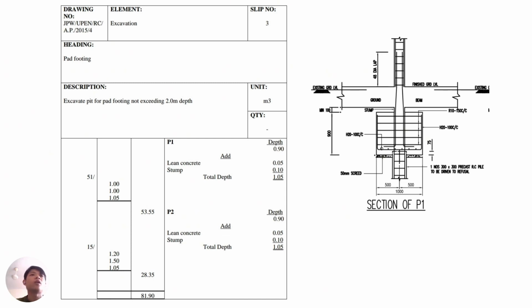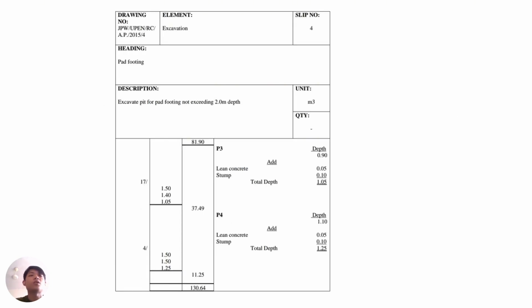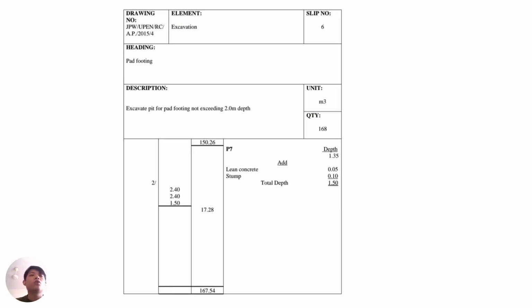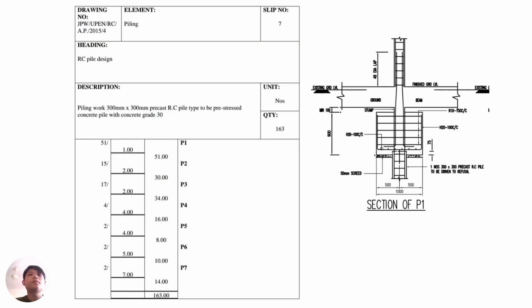So we get the total volume of P1 equals 53.55, and same goes for P2, P3, P4, P5, and P7. After calculating the volume for P1 until P7, the total summation of these values is 167.54, rounded off into 168 meter cube.